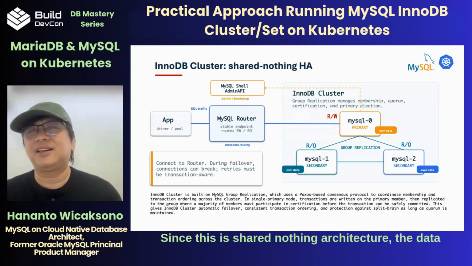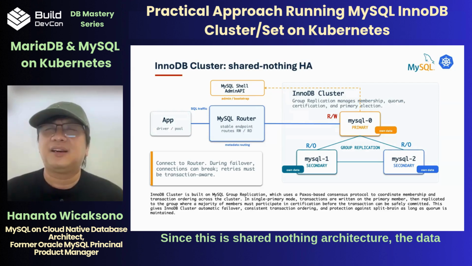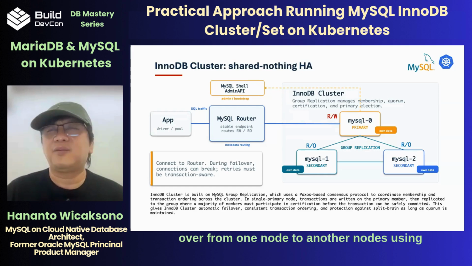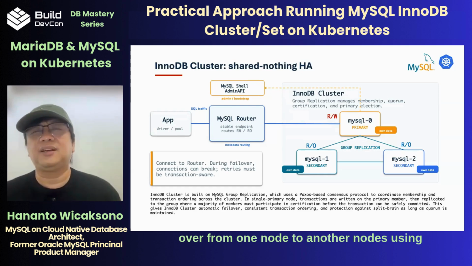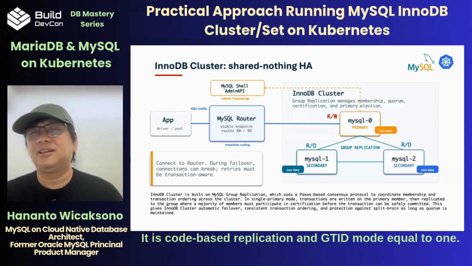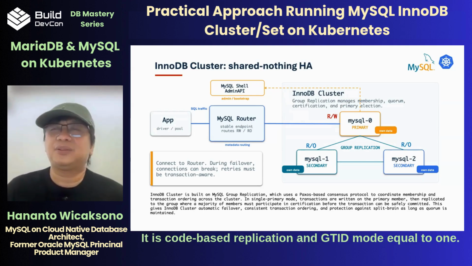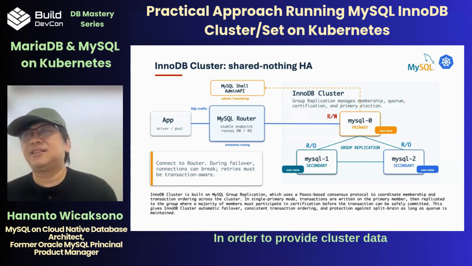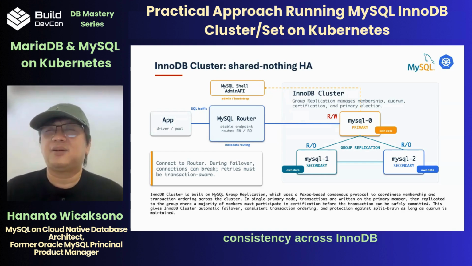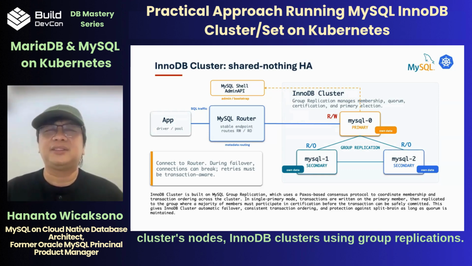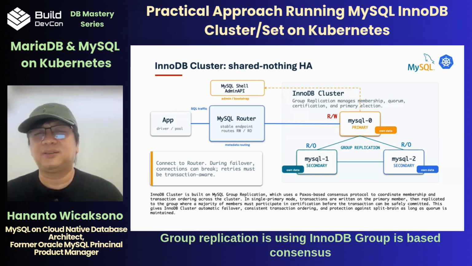Since this is a shared nothing architecture, the data is replicated from one node to another using MySQL asynchronous replication. It is row-based replication with GTID mode enabled. And in order to provide cluster data consistency across InnoDB cluster nodes, InnoDB cluster uses group replication.